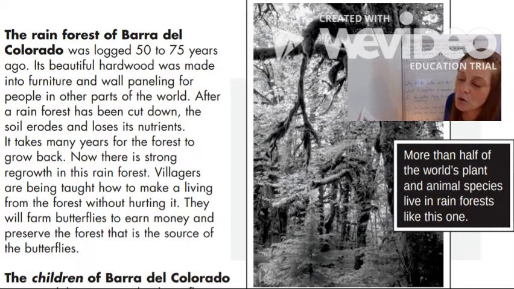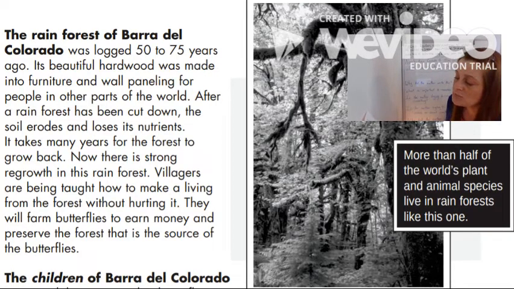Now there is strong regrowth in this rainforest. Villagers are being taught how to make a living from the forest without hurting it. They will farm butterflies to earn money and preserve the forest that is the source of the butterflies. Look at the picture there, and it's got the caption, so it shows kind of those trees drooping over.